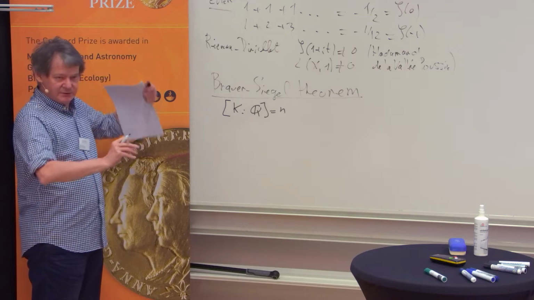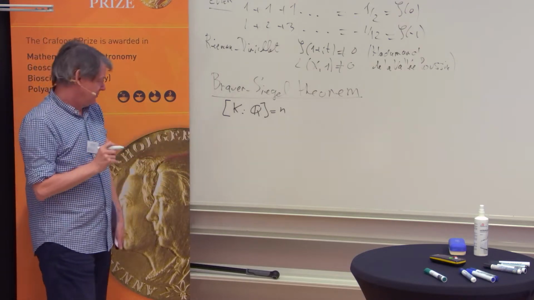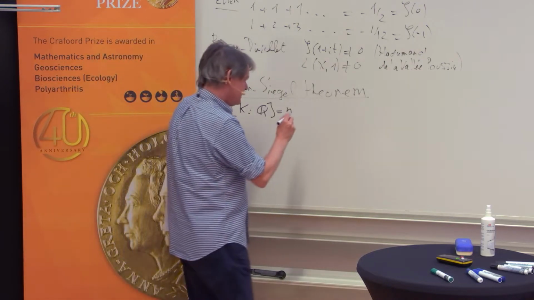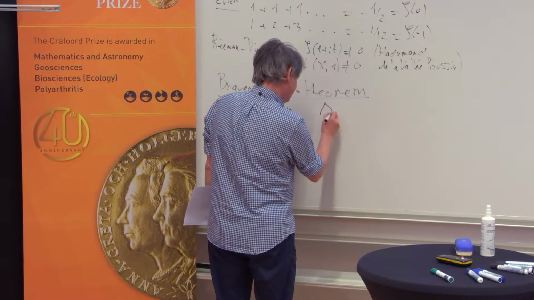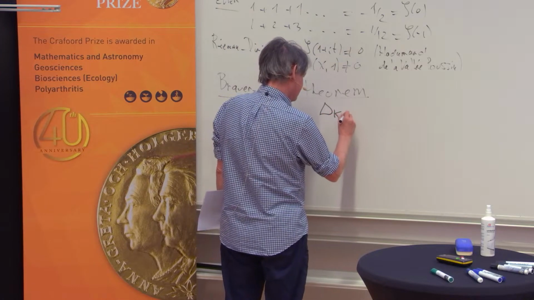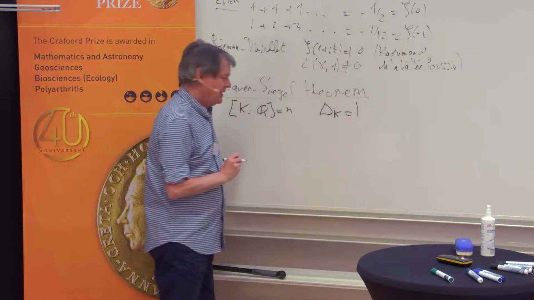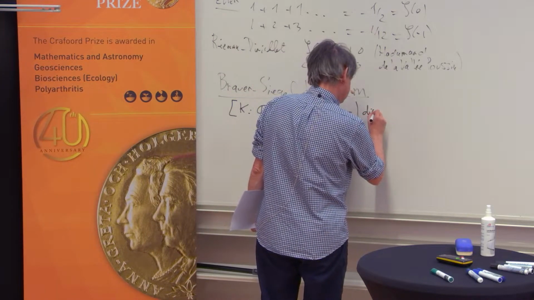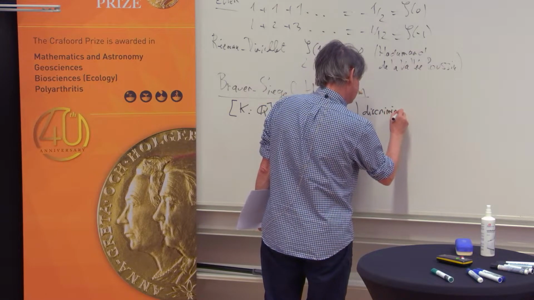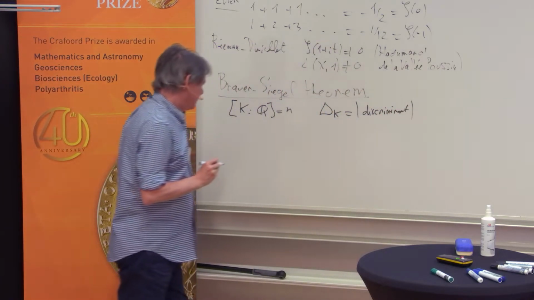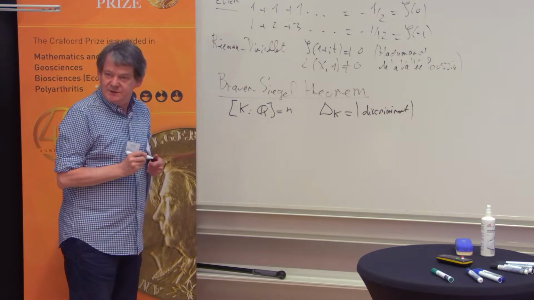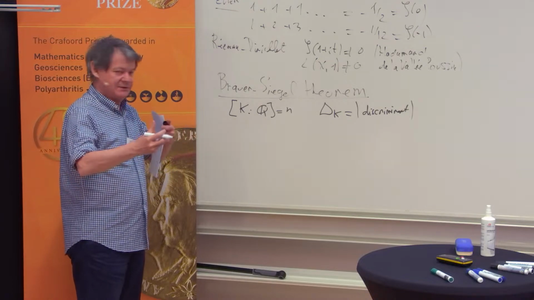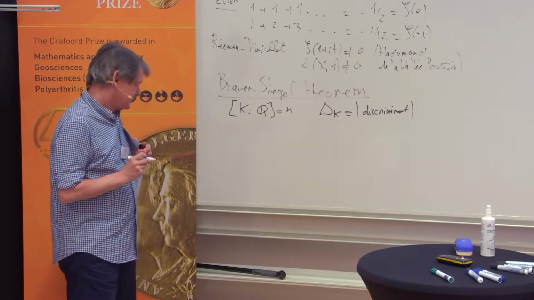You can make also the degree tend to infinity, but it's a bit more complicated. And then you have, well, basically the most basic invariant of a number field is its discriminant. So I will call it delta K. Actually, I will take the absolute value of the discriminant. Of course, for example, for a quadratic field where you add square root of d, the discriminant is either d or 4 times d.